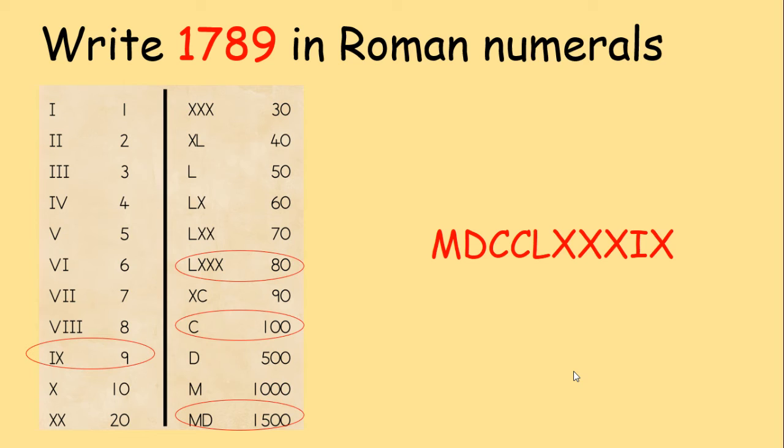I know that I can write 80 as L, X, X, X, and 9 as I, X. Therefore, my answer is M, D, C, C, L, X, X, X, I, X. Well done if you managed to figure this one out.